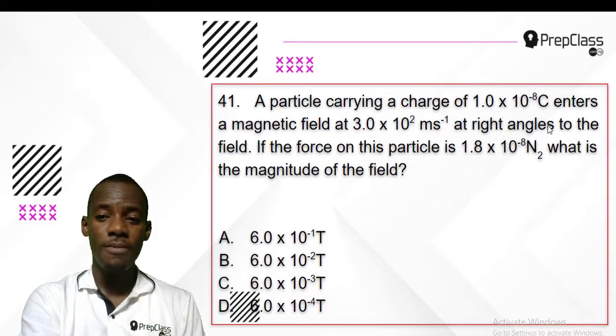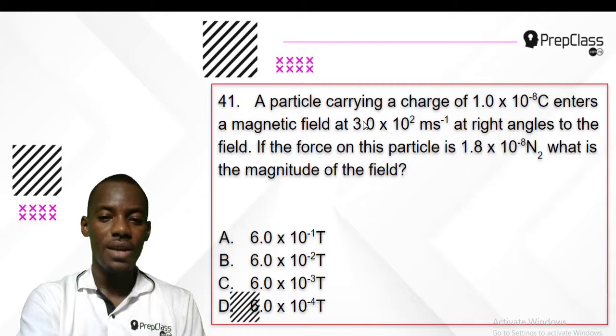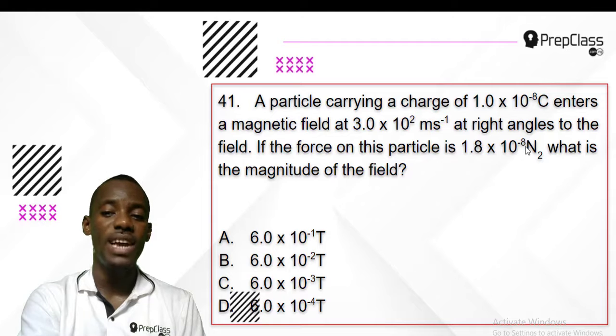Notice that you were given charge 1.0 times 10 to the power -8 coulomb, that's charge. Then you were given speed v, 3 times 10 to the power 2 meter per second, and you were given a particle and that force. It has a force of 1.8 times 10 to the power -8 Newton.